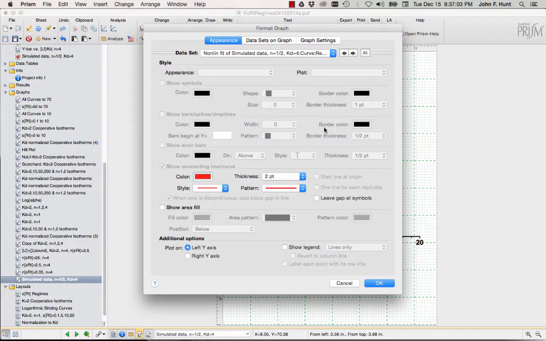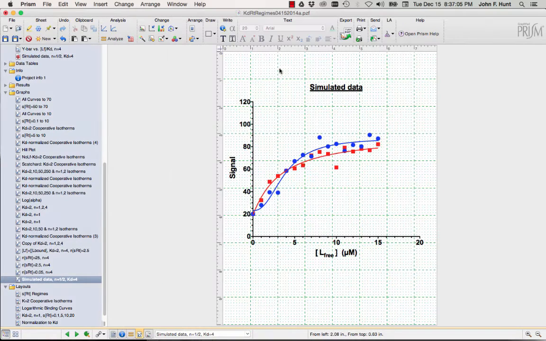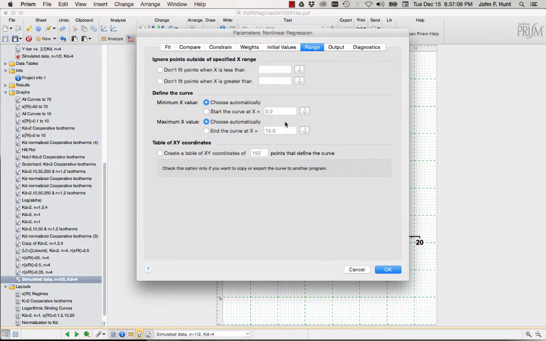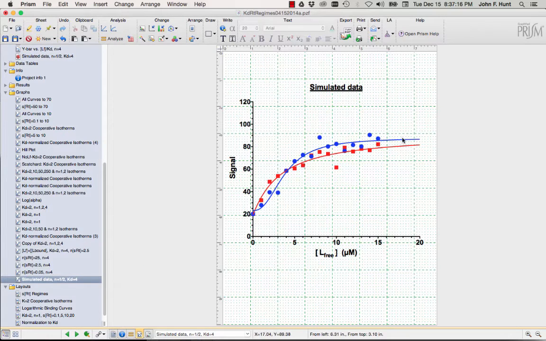So actually, before we do that, I'm going to extend the range. I'm going to redo this analysis very slightly. I'm going to ask it to plot the simulated curve up to values of 20. And why am I doing this? I'm doing this to make the point that this is showing a KD value somewhere in the 3 to 5 range, ostensibly.